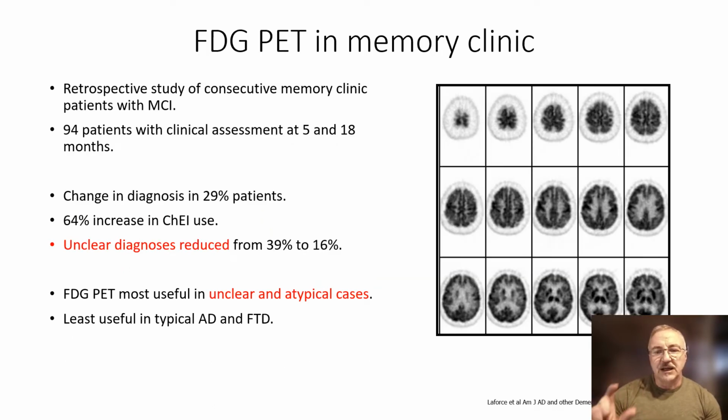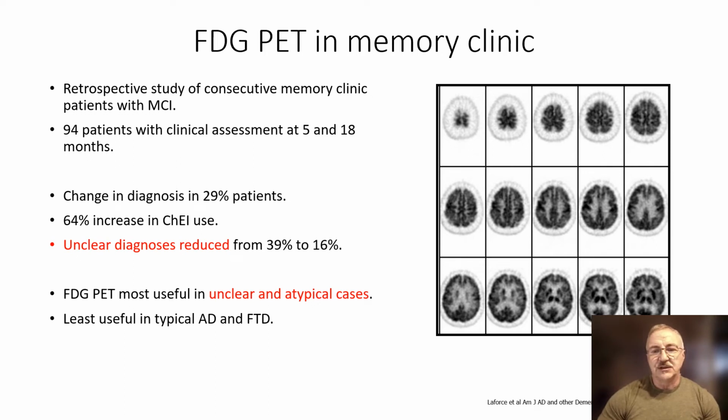If we take it a little bit further and ask about FDG PET-CT in the memory clinic itself, here it led to a change in diagnosis in nearly 1/3 of patients, increased use of cholinesterase inhibitors, unclear diagnosis cut by more than half, and it was most useful in unclear and atypical cases. And this is a useful take-home message.